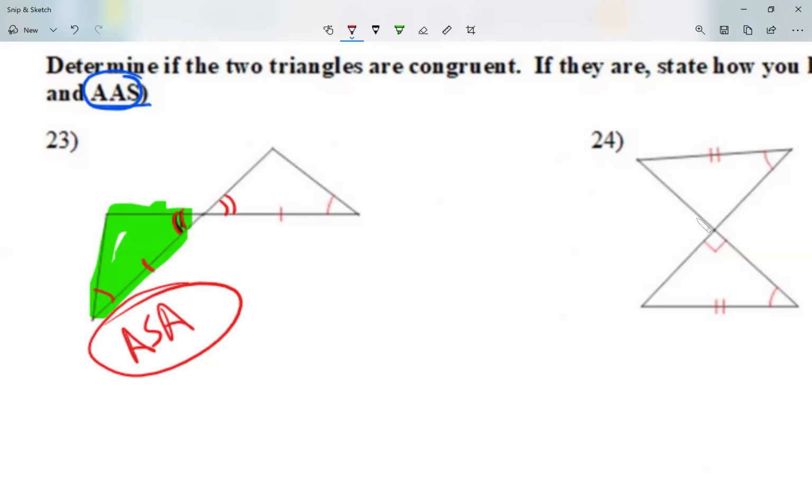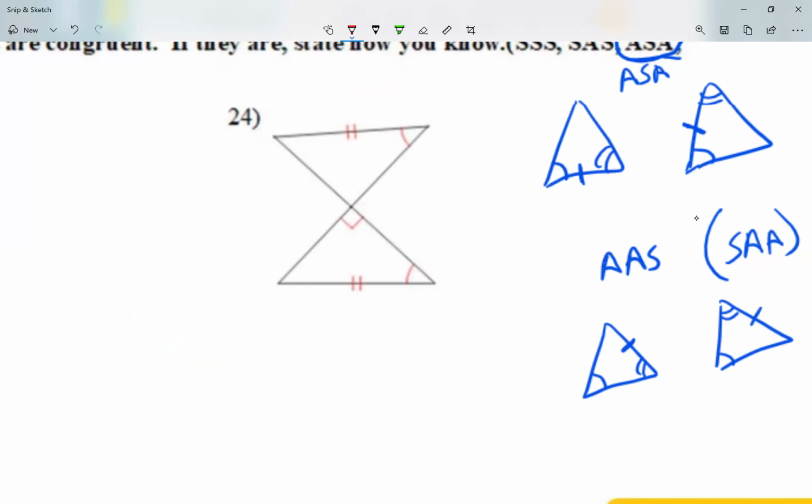Let's take a look at number 24. I can say this angle right here is 90 degrees, right? Opposite angles are equal when there's an X. So when I'm looking at one triangle, I see marked is this angle with this angle. So two angles marked.